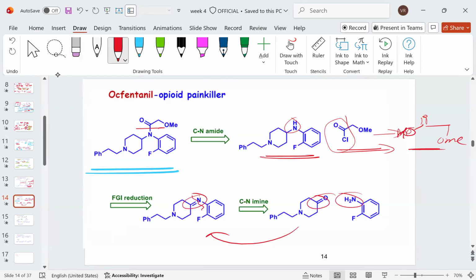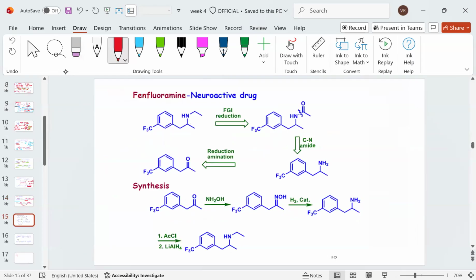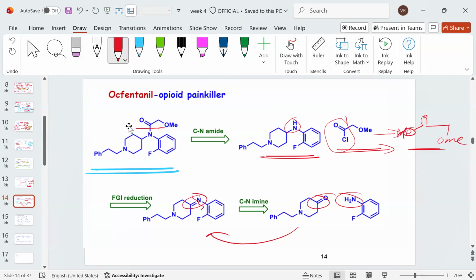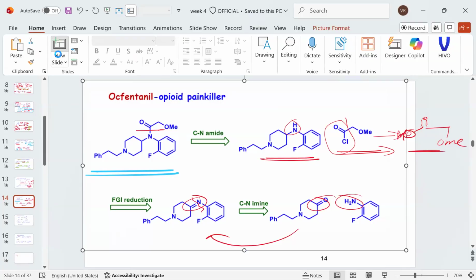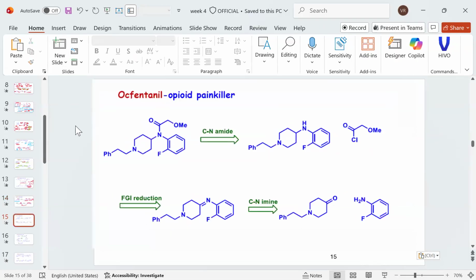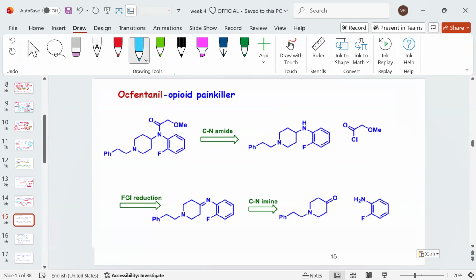So if you just look at the linear synthesis for this molecule, these are the two starting materials. This amine plus ketone gives this imine.